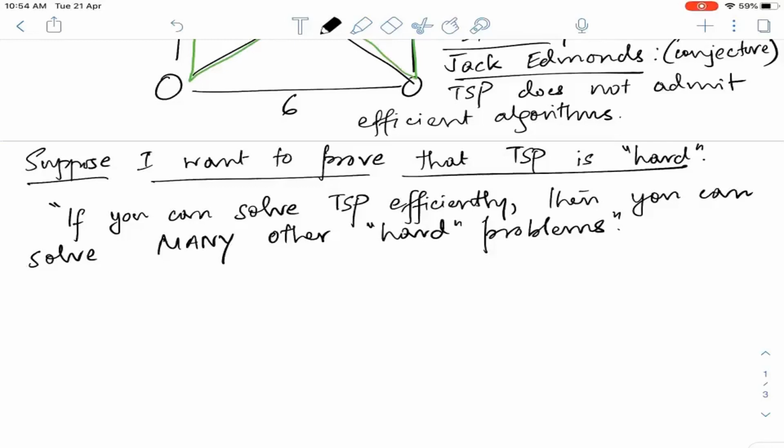Now, the point is, proving this statement, of course, does not prove that TSP is hard, or that there does not exist any efficient algorithm. Clearly, that does not prove this fact, but at least it's amassing evidence towards the fact that this is a really hard problem to solve. In fact, all those problems are really hard to solve.